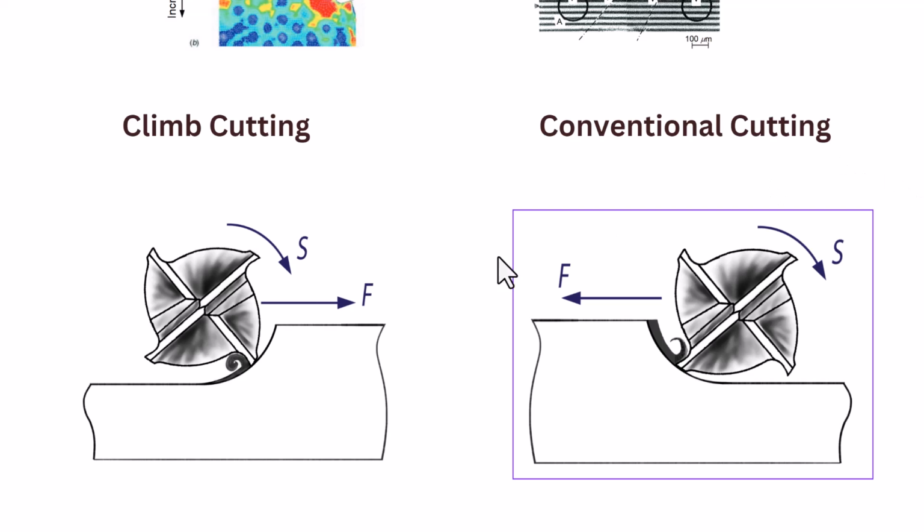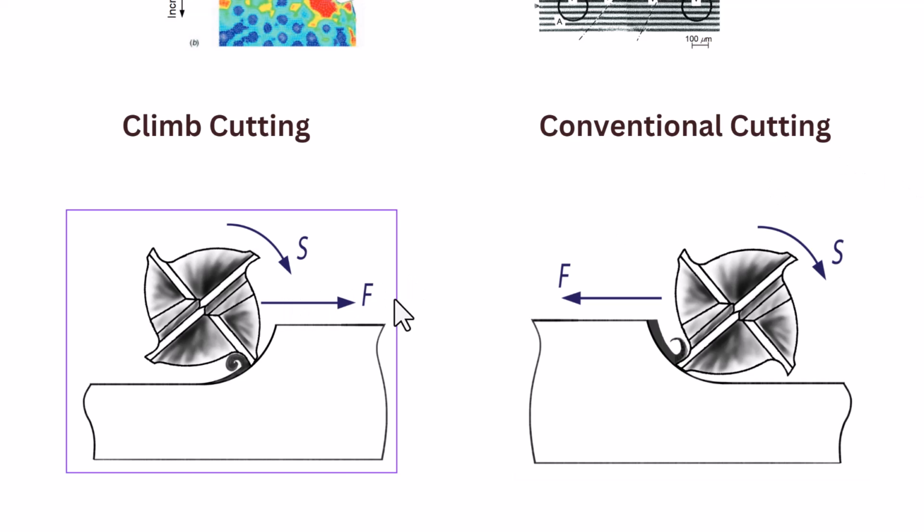When you're climb cutting, you're feeding in this direction here. So if I'm doing an outside external cut, I'm moving in the clockwise direction, and my tool is also spinning in the clockwise direction. And typically, I am cutting a slice of material away, or a chip, from thick to thin, right?